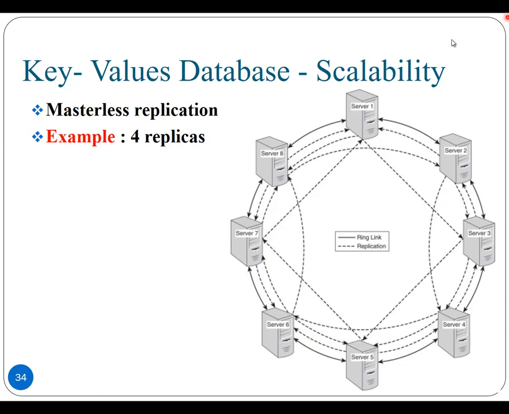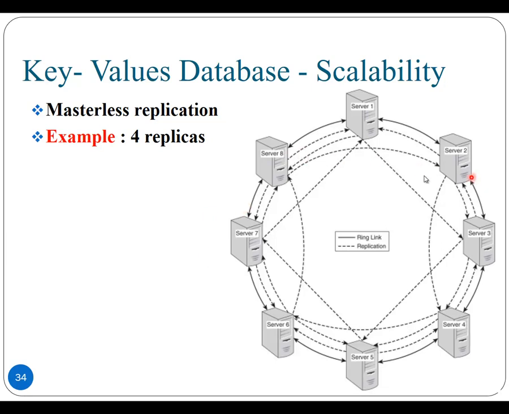As you see here, for example, server number 8 is connected to server number 7, connected to server number 1, and also connected to another server here, server number 2.